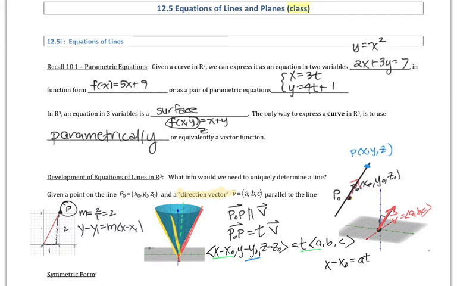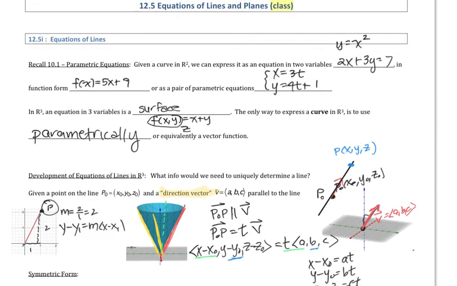Next component, y minus y0 equals b times t, and z minus z0 equals c times t. And if we solve that for x, y, and z, we get x equals x0 plus at, y equals y0 plus bt, and z equals z0 plus c times t.